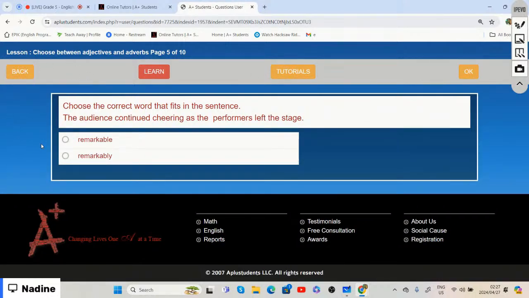All right, the audience continued cheering as the, do we say the remarkable performers left the stage or the remarkably performers left the stage? Which one is the correct one? Remarkable or remarkably?